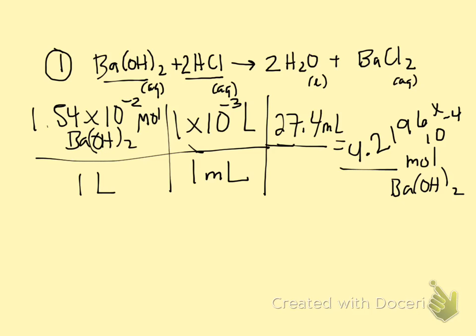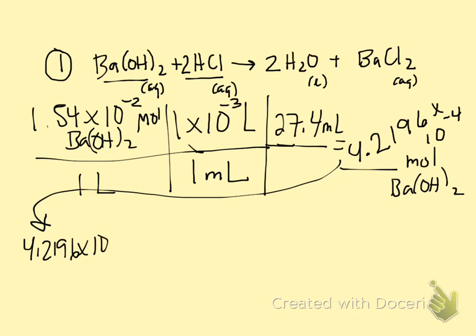So now we know the number of moles of our known reagent that we used, we can figure out how many moles of HCl that would neutralize, right? Because we have a balanced chemical equation. So we're going to take this number and put it into a factor label, 4.2196 times 10 to the negative fourth moles barium hydroxide.